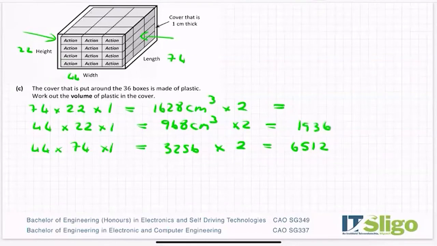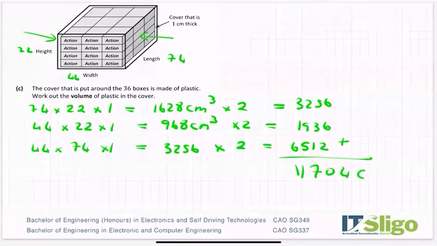And I'm just multiplying them all by 2. And if I add them all together, then I should get the volume of plastic that is needed for that big box, in centimeters cubed.